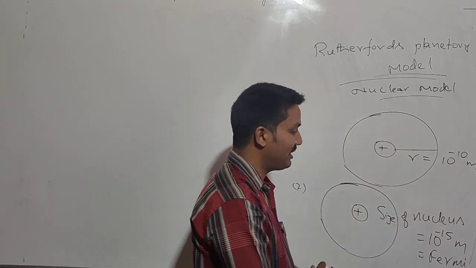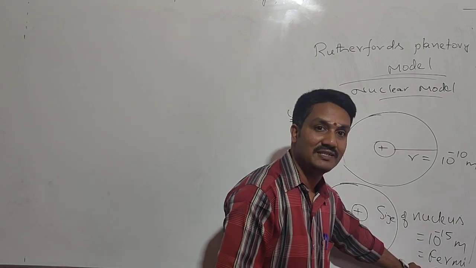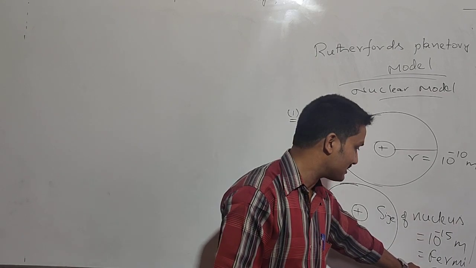It is calculated in the order of Fermis. Fermi means 10 power minus 15 meters.